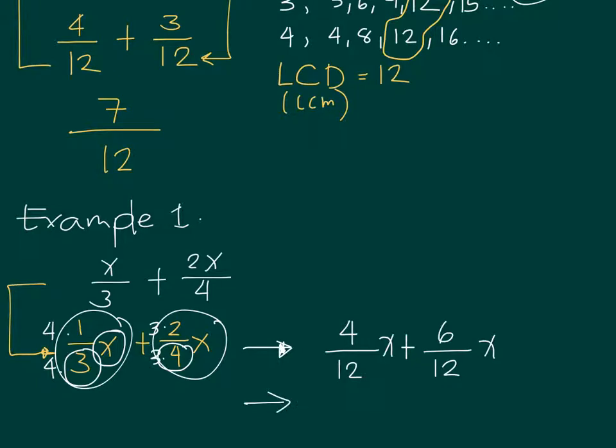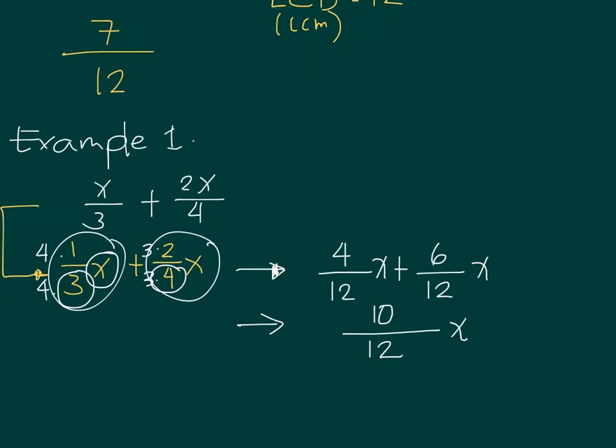Then after that, just combine the two fractions. So we have 4x over 12 plus 6x over 12 is 10x over 12. Now you can also write this in simplest form.